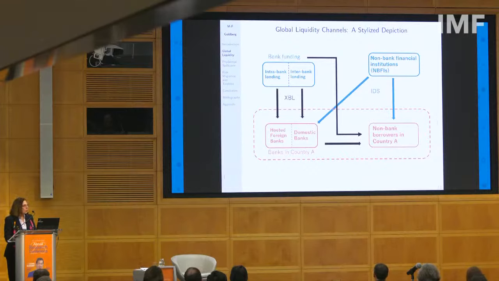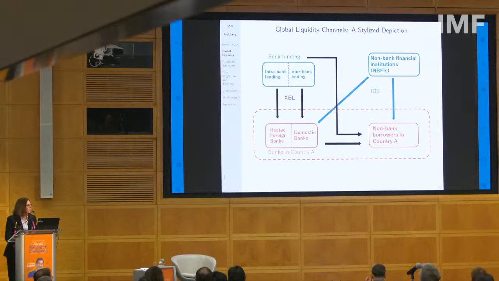The global liquidity flows to borrowers within country A can be intermediated through banks there on the upper left, that's cross-border lending, and through non-bank financial institutions in the upper right. On the left, we see cross-border loans made by the internationally active banks to domestic banks. Internationally active banks also directly fund the non-bank borrowers in country A.